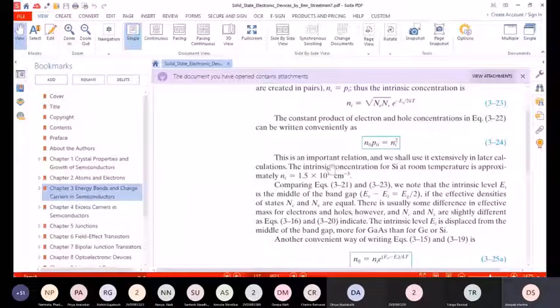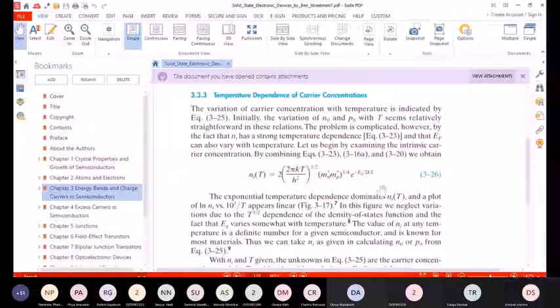And next we had temperature dependence on carrier concentration.